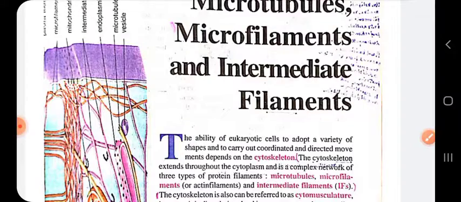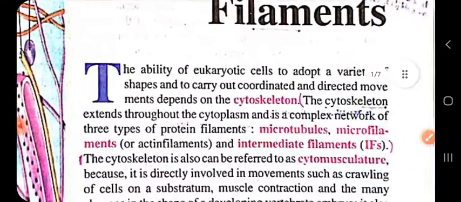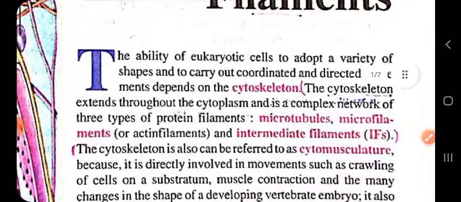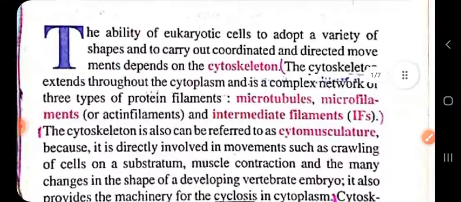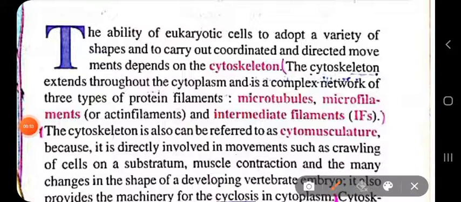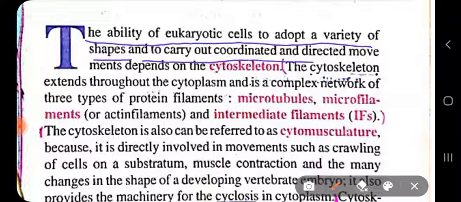So, about the cytoskeleton, what can I say about it? The ability of eukaryotic cells to adopt a variety of shapes and to carry out coordinated and directed movement depends on the cytoskeleton.